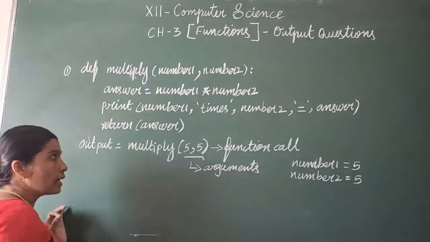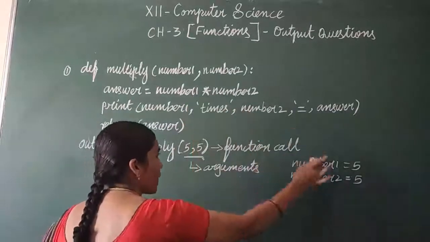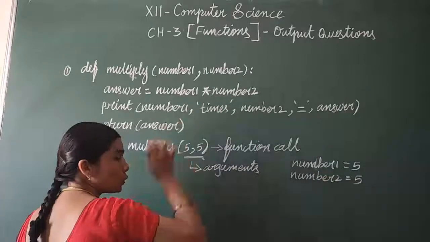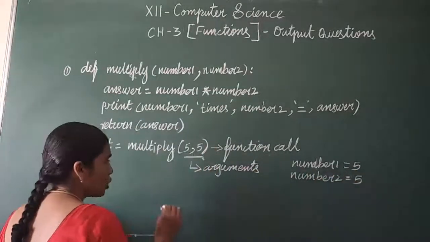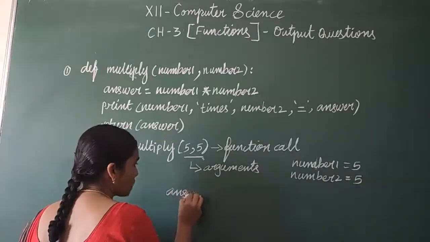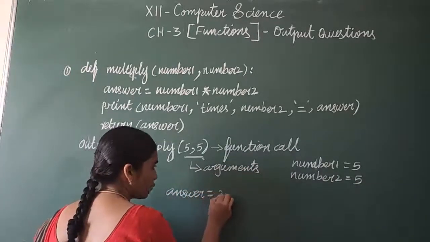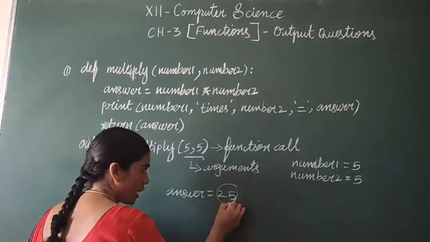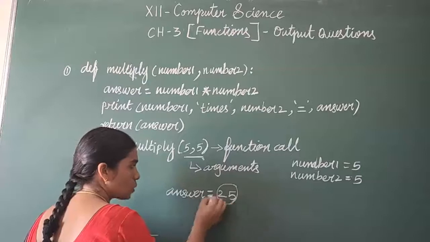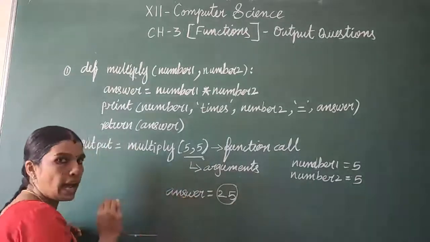So what will happen here? Number 1 value is 5, number 2 value is 5. So 5 into 5, 25. The value 25 is stored in the variable answer.